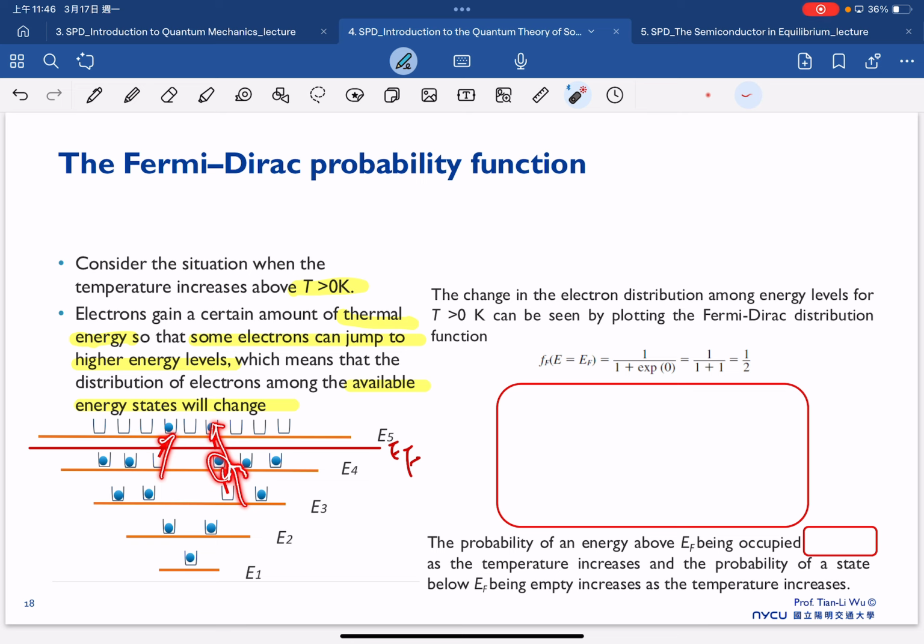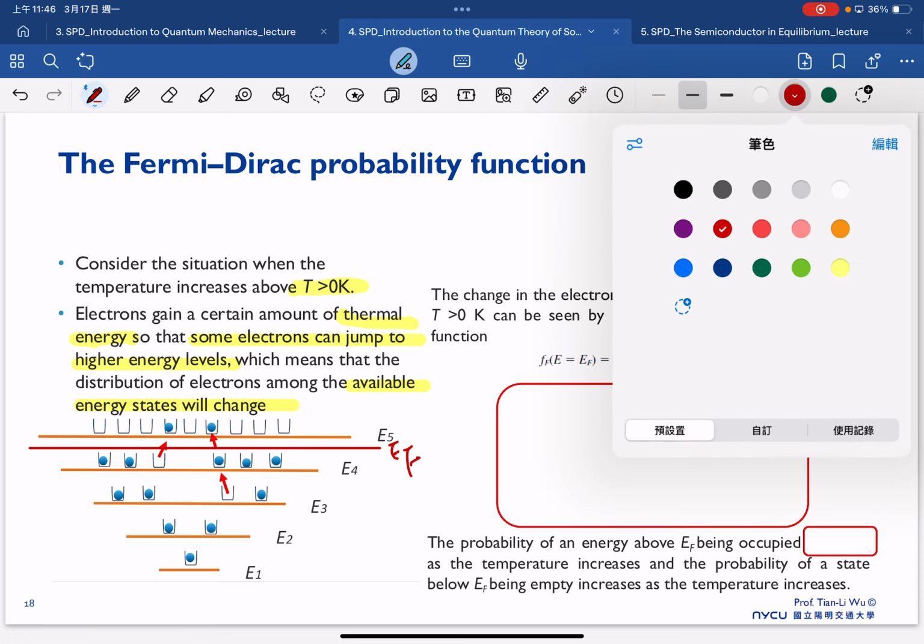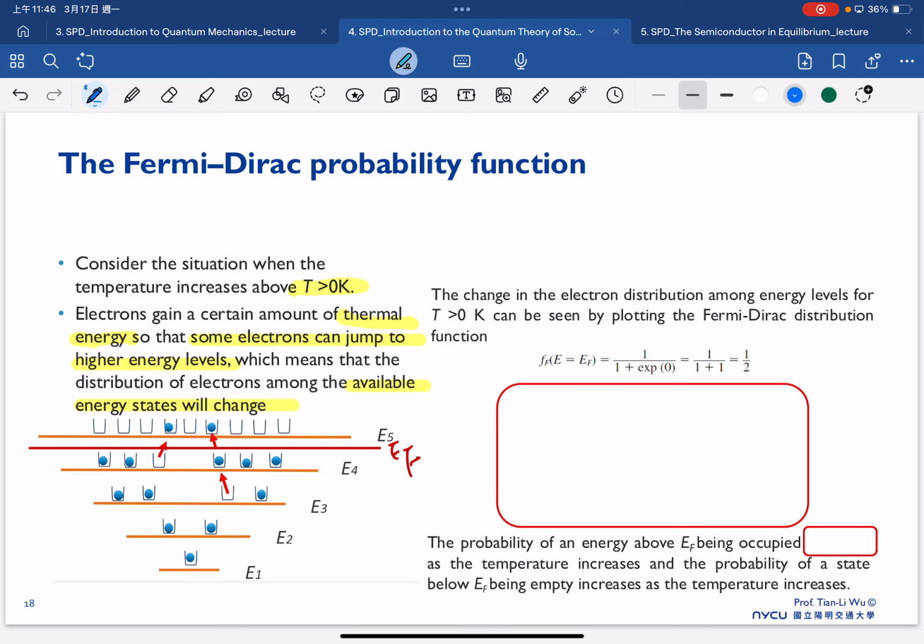And this will also certainly change our Fermi-Dirac probability function, F(E).